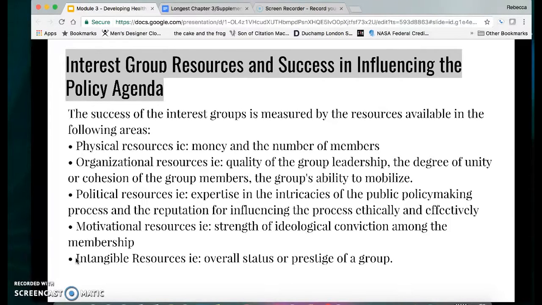Also organizational resources: the quality of group leadership, the degree of unity and cohesion, and whether the group is able to mobilize and work towards certain goals. Also political resources, so using the public policymaker process and reputation, and then also motivational resources, so strength and ideological conviction among the membership. And an intangible one is the overall prestige and respect that the group has.